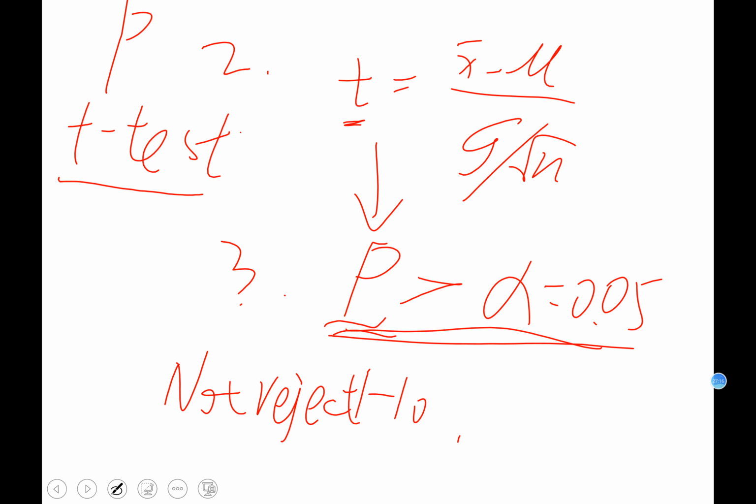And the second one, what can we do if p is less than or equal to alpha? That means the sample, or we can say H0, has very small probability to happen. So we can just take an imagination.